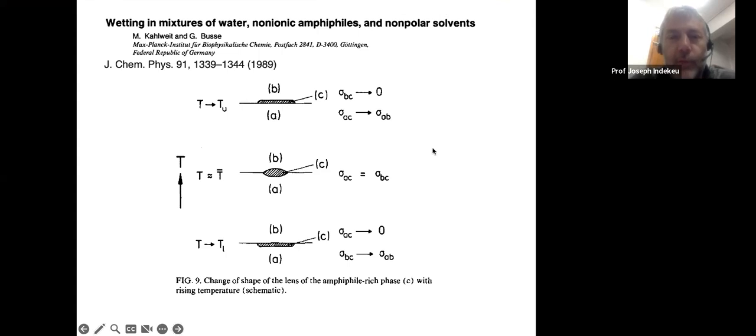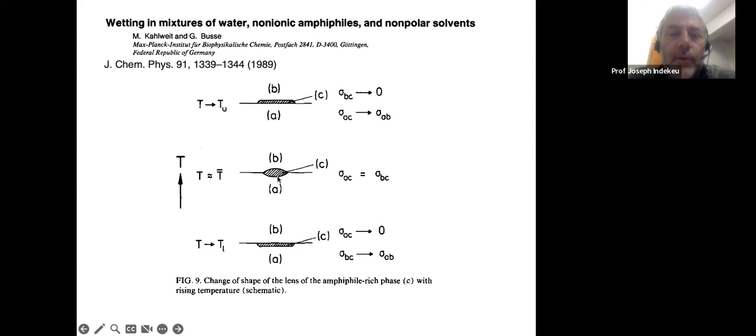So in the gravitational field, like in a good laboratory, we would have the A phase here down below, the B phase up here, and then the middle phase C in between. And the situations that they consider is, for example, water-rich and then oil-rich here, and then amphiphile-rich phases here in the middle. And they consider varying the temperature in such a way that three-phase coexistence states are explored. And you can see here that there is good three-phase contact.